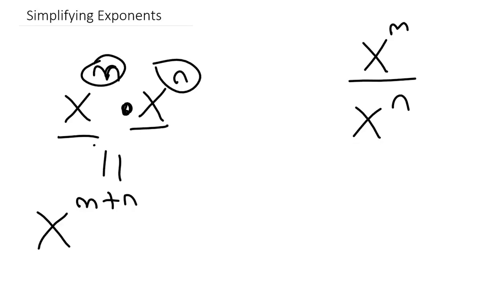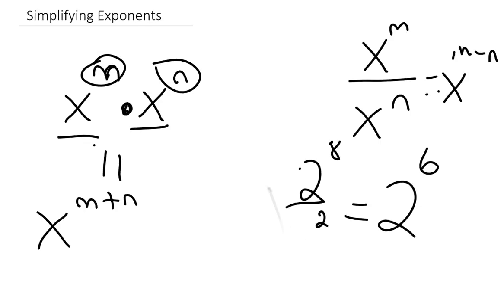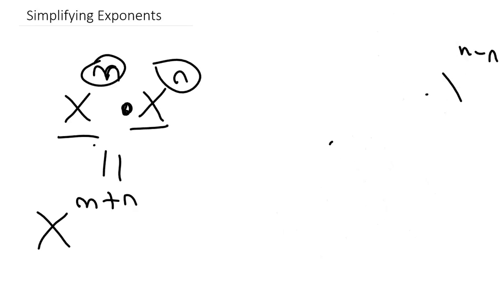If I have a base to the m divided by the same base to the nth, these are equal to x to the m minus n. So, very similar example. If I have 2 to the 8th divided by 2 squared, I have the same base of 2. 8 minus 2 is 6. Boom. That's all I got to do. That's a simple way to simplify our exponents.